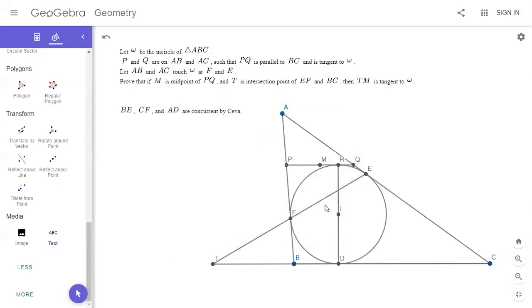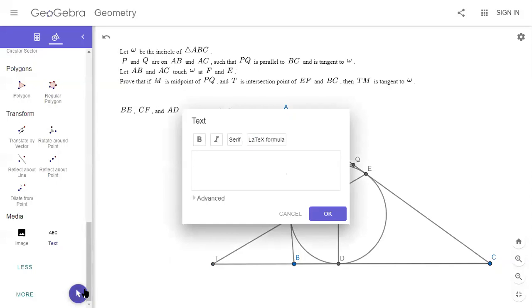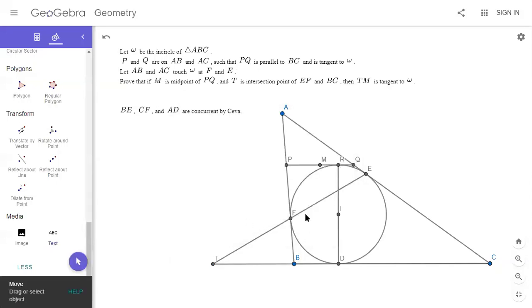And if that's true, then that implies that B, C, D, and T are in harmonic conjugation.